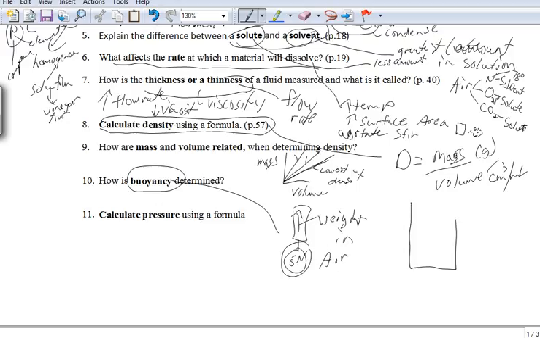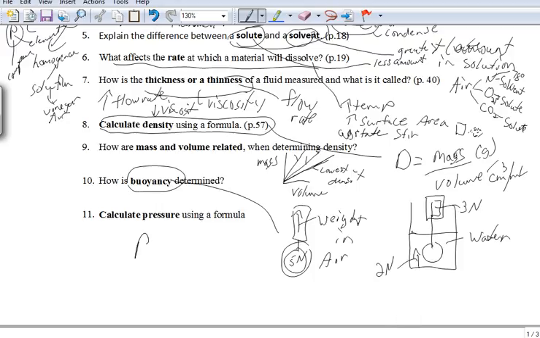And then put the object in water or a liquid and take the weight again. Read the spring scale, and let's say it's 3 newtons now in water. So what is the buoyancy or the upward push, the buoyant force of the liquid? It would be 2 newtons.